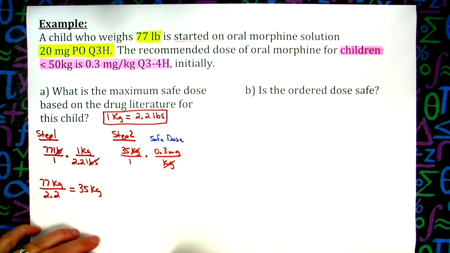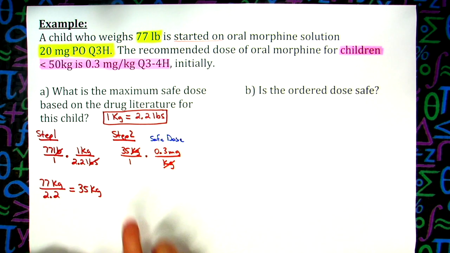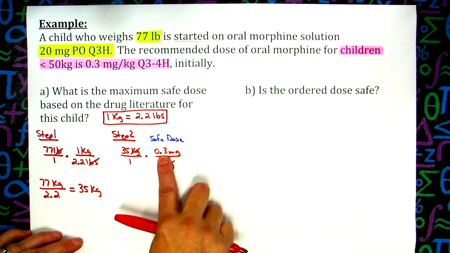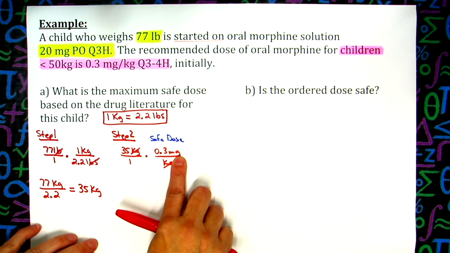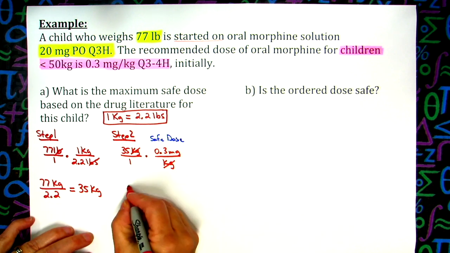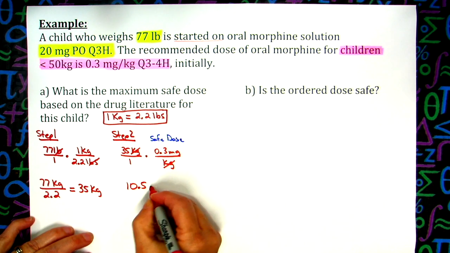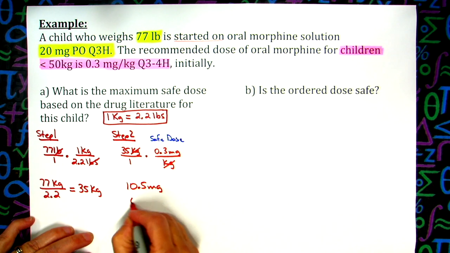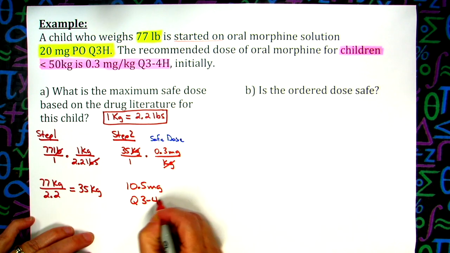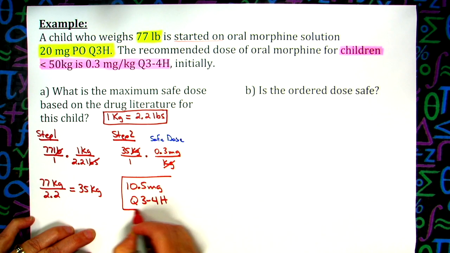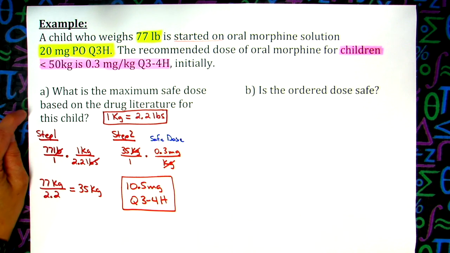Kilograms and kilograms cross out, so it's a matter of multiplying 35 times 0.3. The only label in the problem is milligrams. That gives us 10.5 milligrams every 3 to 4 hours. So that is the maximum safe dose based on the literature for this child.